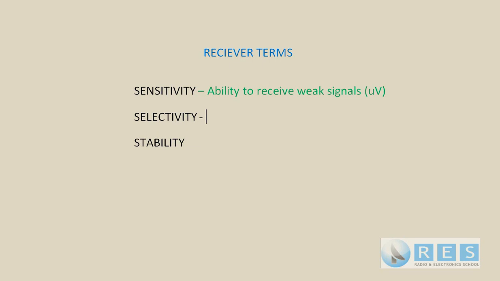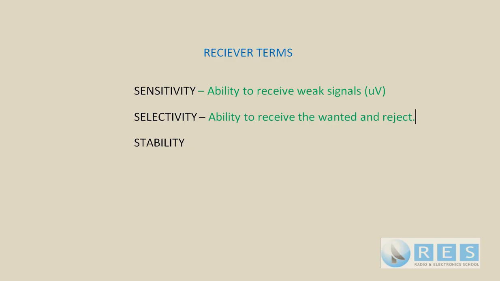The other quality of a receiver that we're interested in is selectivity. Selectivity is the ability of a receiver to receive the wanted station and reject all other stations.